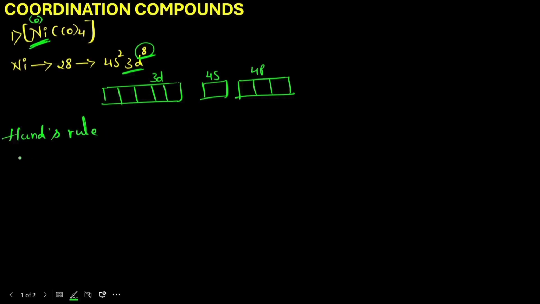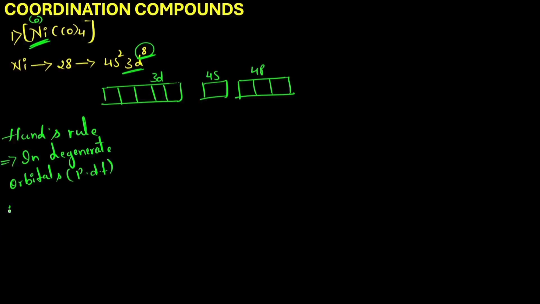So here Hund's rule says that in degenerate orbitals like p, d and f, electrons are singly filled first, and after that pairing occurs.